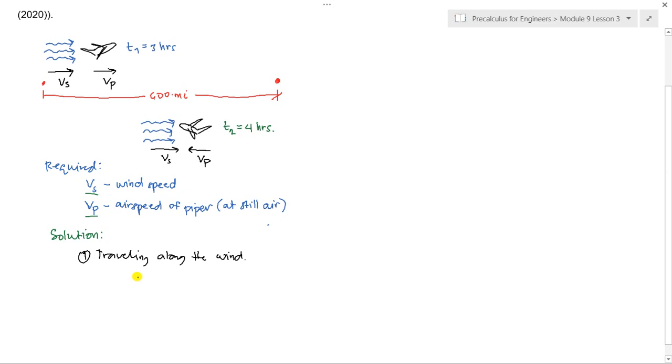So if the Piper is traveling along the wind, what is the total velocity or speed based on the arrows? Do we add or subtract? We add. Both velocities are in the same direction, so when the Piper travels along the wind, the velocities are added.